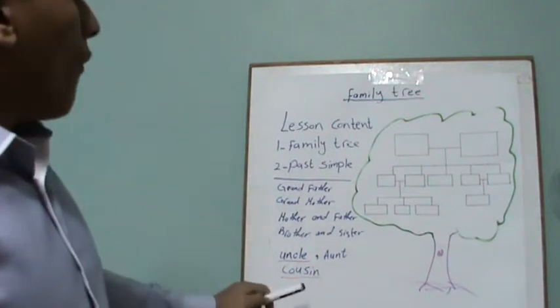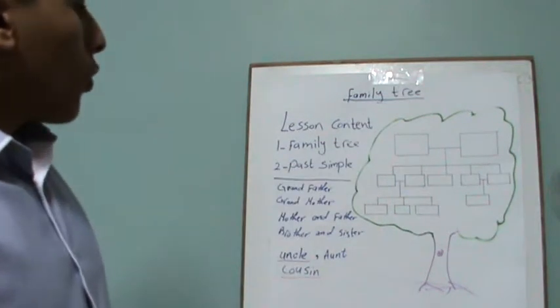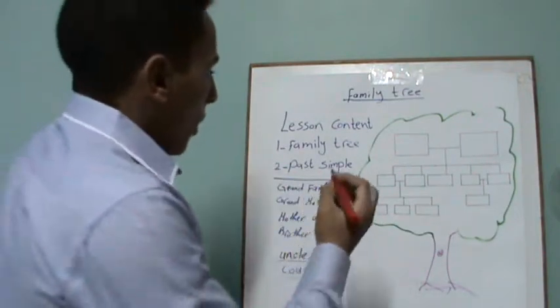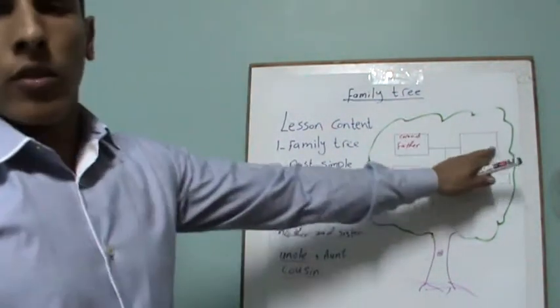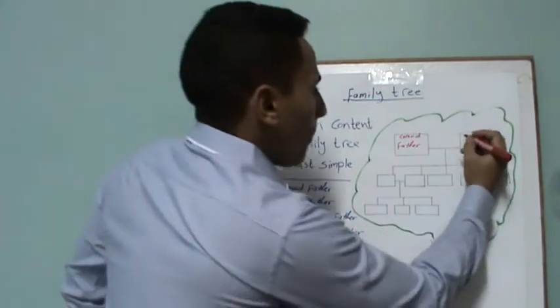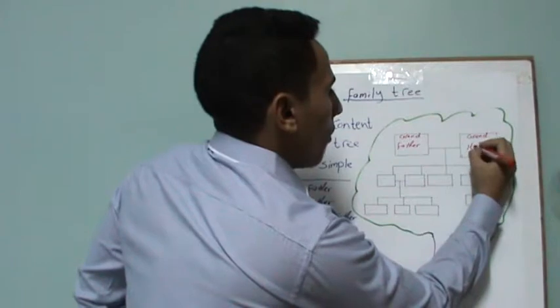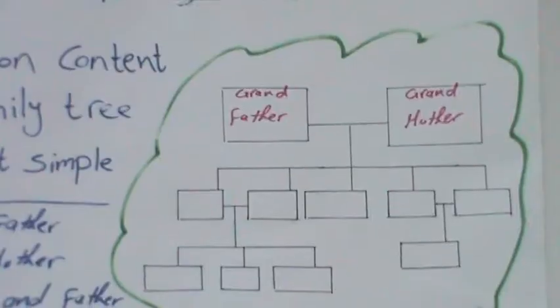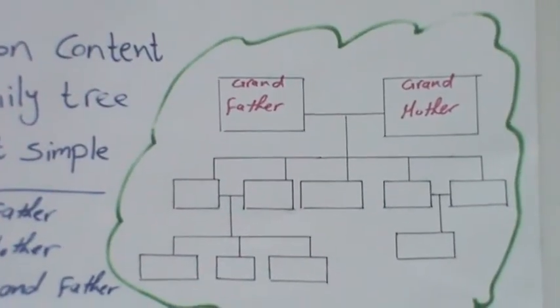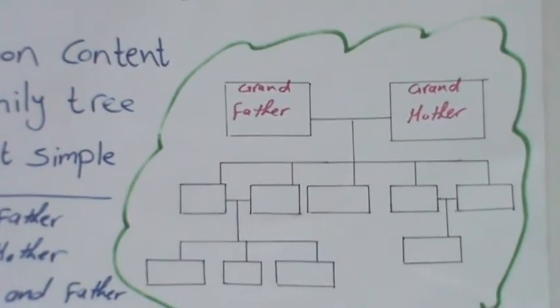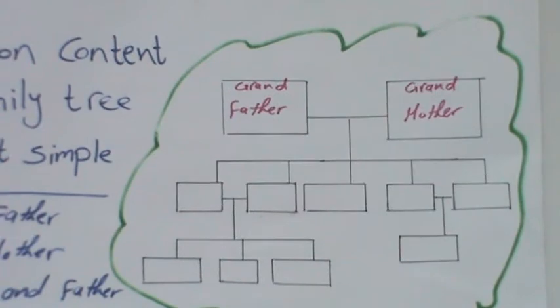So how will we fill our family tree for today? We will begin with grandfather, and on the other side will be grandmother, and as you know from our previous lesson, between grandfather and grandmother is love.